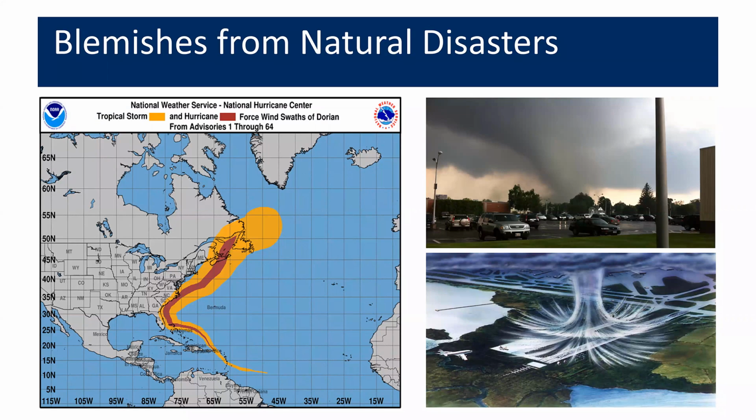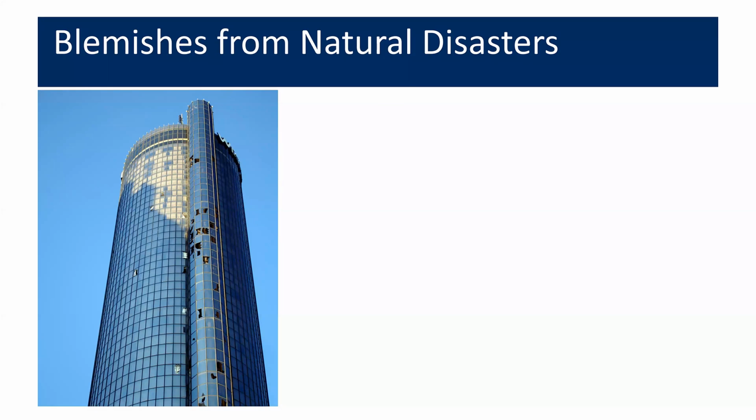On the right here, you can see a tornado in the upper right-hand photograph. Still pretty common. Less common, but still happens frequently, are microbursts shown in the bottom right-hand corner. And again, they all have similar characteristics in terms of blemishes that we'll take a look at shortly.